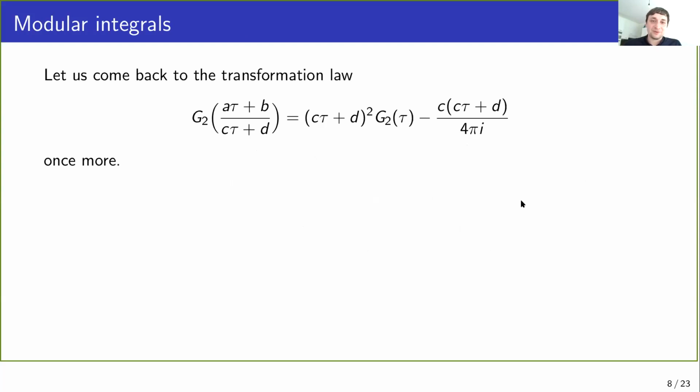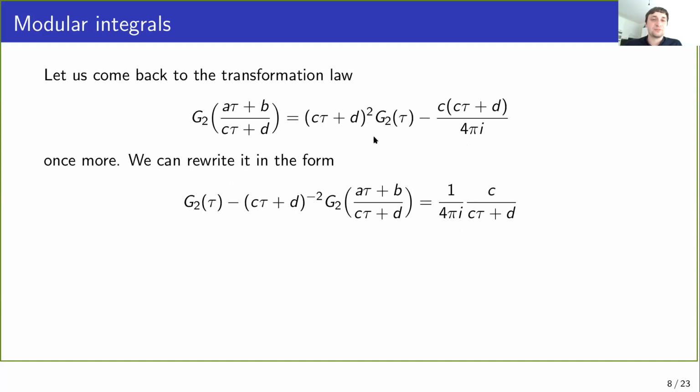So let's look back again at the weight 2 Eisenstein series and at its transformation law. We can rewrite it using the slash operator. If we divide both sides by (cτ + d)^2 and rearrange terms, we get on the left the value of the function minus the action of the slash operator on it.